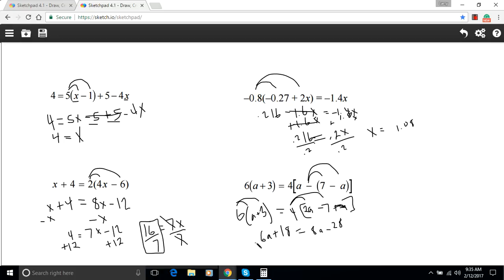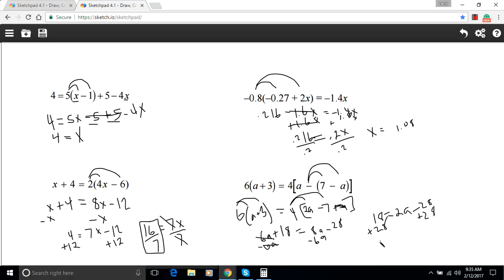All right, we've got a's on both sides of the equation. I think I'm going to subtract 6a from both sides. On this side, that's going to leave just 18. And on this side, 8a minus 6a is 2a, and then we have our minus 28. I'm going to get rid of that minus 28 by adding 28 to both sides.